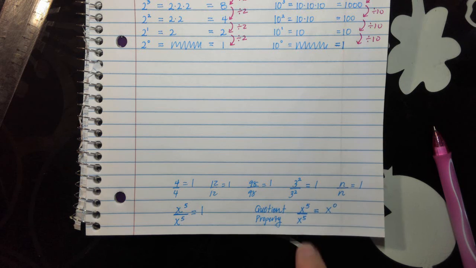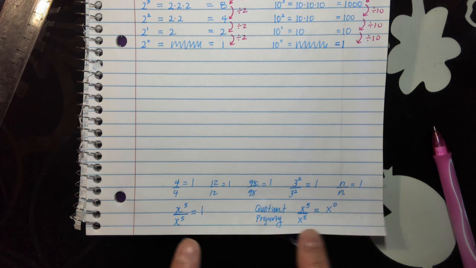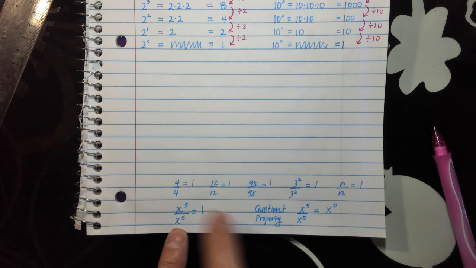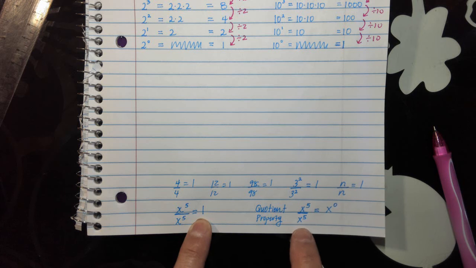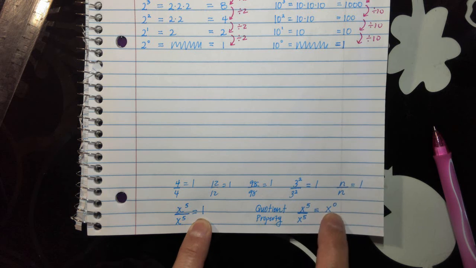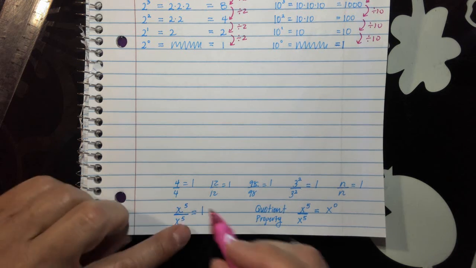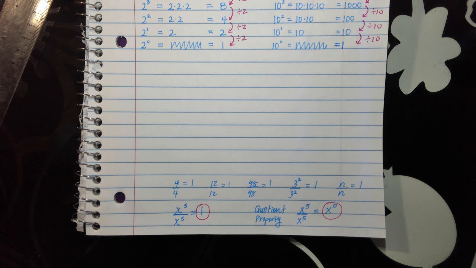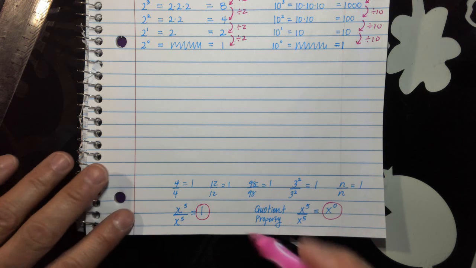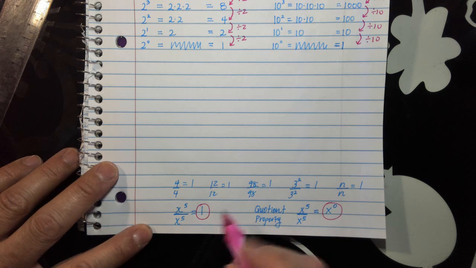So we have the same problem. Using this line of thinking, we got a 1. And using the quotient property of exponents, we got x to the 0. So logically, this and this must be equal to each other. So I'm going to write it up here. So x to the 0 must equal 1.